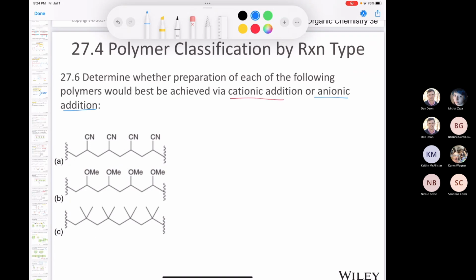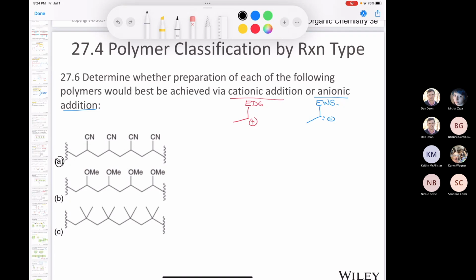Now let's review. Cationic addition is where we had some kind of cationic intermediate. So we would want to have an electron donating group because that would stabilize the cation. And anionic addition is where we had an anion as an intermediate. So we would want some kind of electron withdrawing group. If we go to A, we have a bunch of nitriles on here.